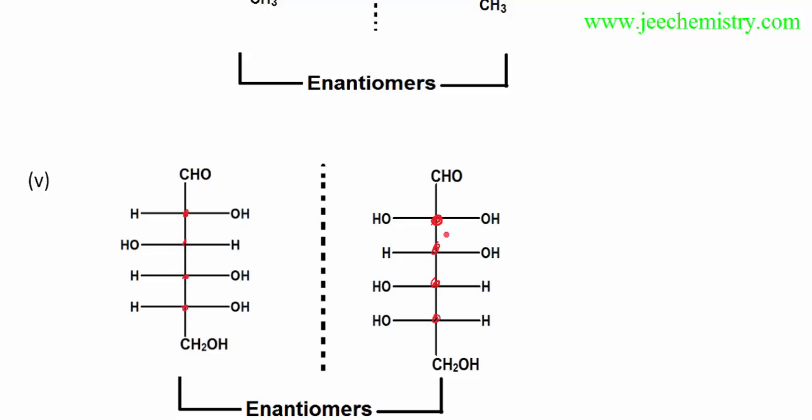Suppose this is R, then it will be S. Whatever the absolute configuration is, exactly the opposite will be the other compound. If both compounds have opposite absolute configuration, meaning R and S configuration, that will be enantiomer.